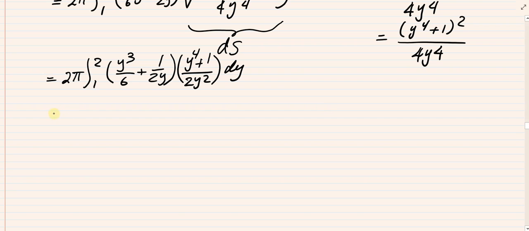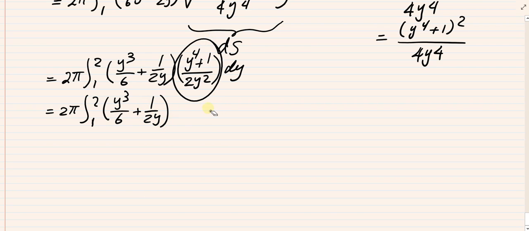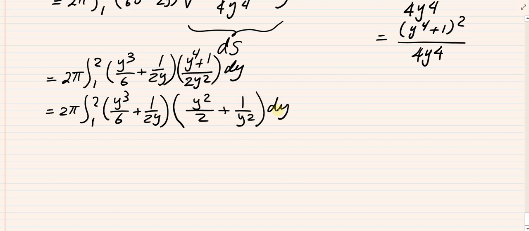We can work on the second factor in the integrand. I'm going to divide those. Divide y to the 4th by 2y squared. That's going to make it y squared over 2 plus 1 over y squared. And then dy.